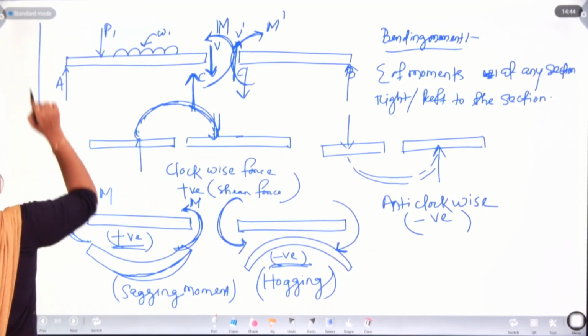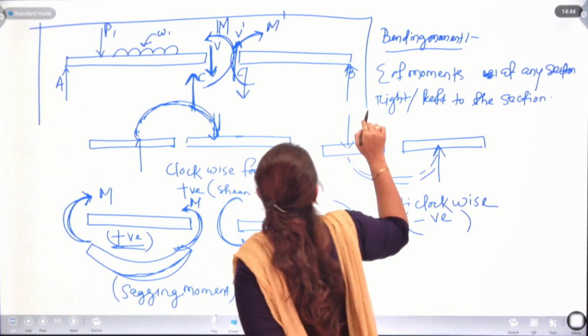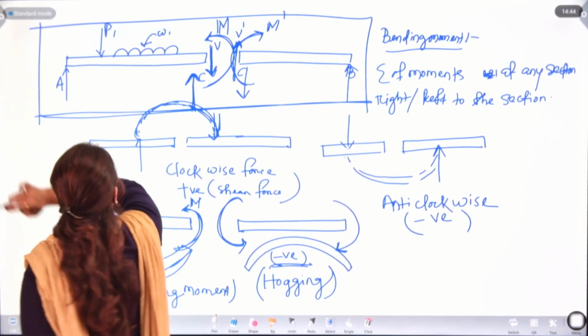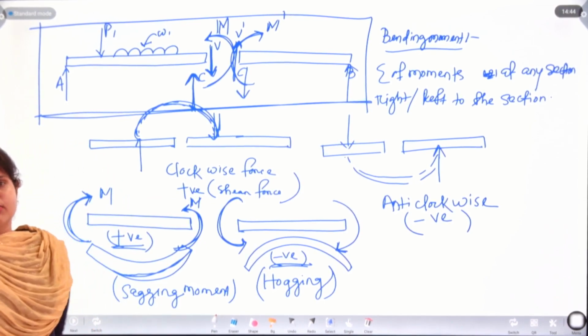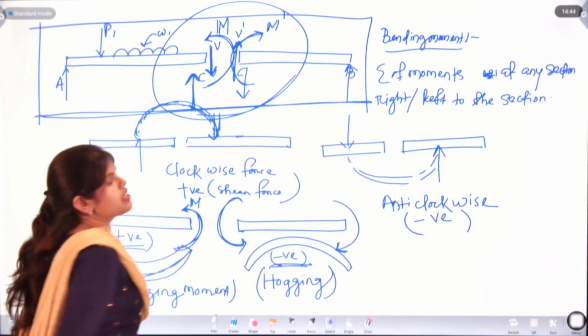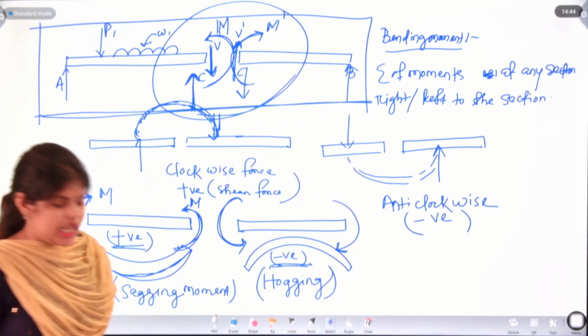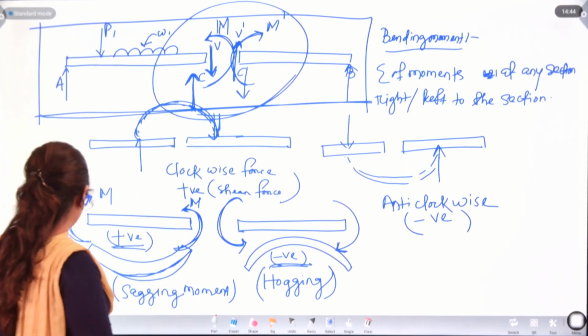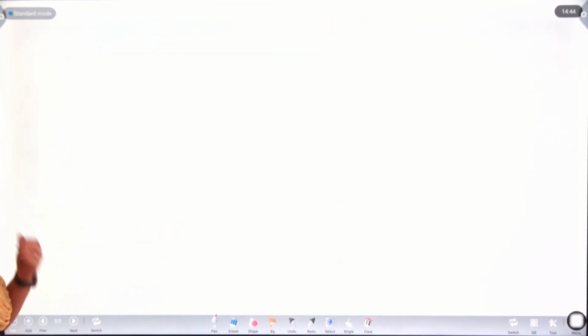So, in this diagram, we just need to always remember this part if we are solving shear force and bending moment. This part is the most important section of shear force and bending moment. So, if we solve one example, we will understand better.